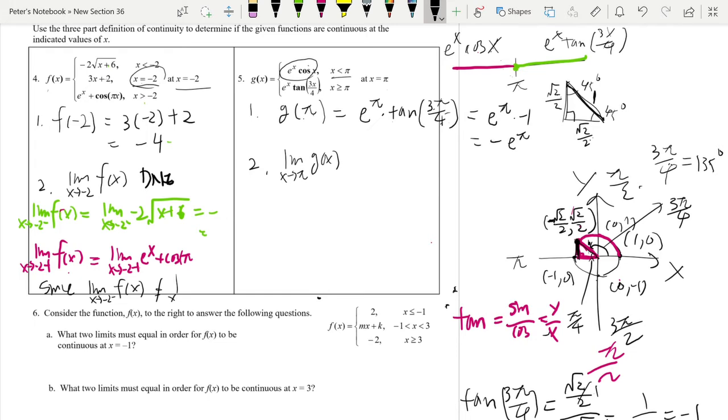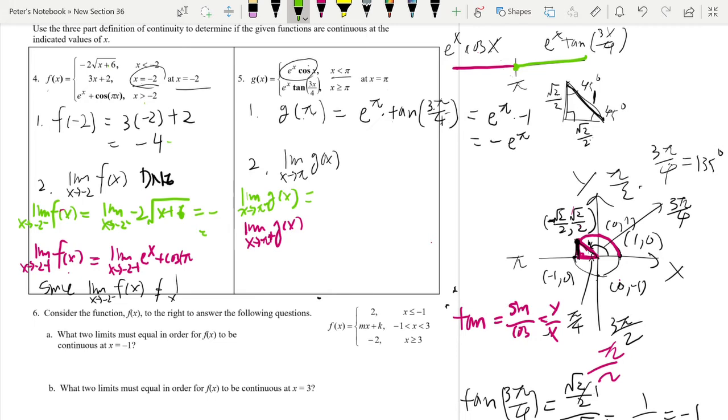What do we have to figure out in order to see if it exists? Yes, you folks are right. We need to find the left-hand side limit, and then we also have to figure out the right-hand side limit at pi. For the left-hand side limit, what equation are we using?